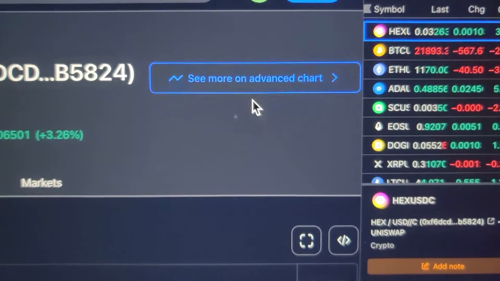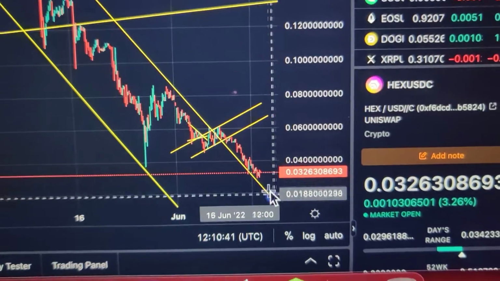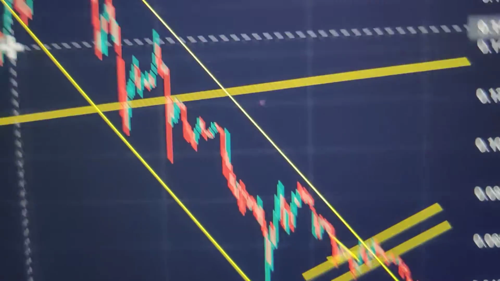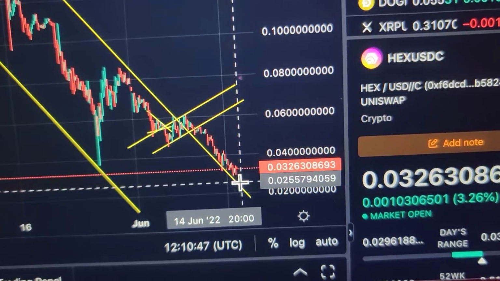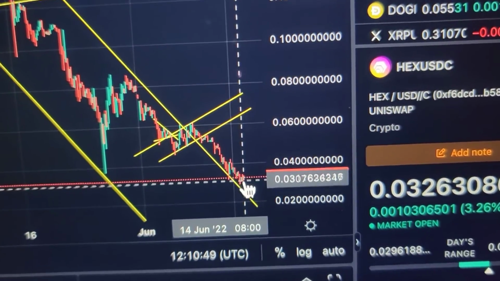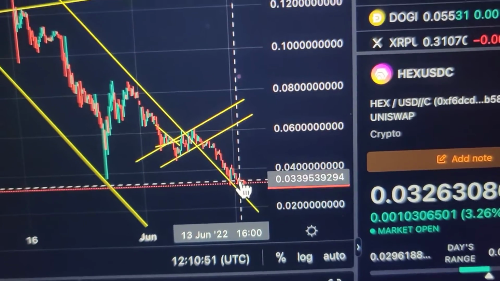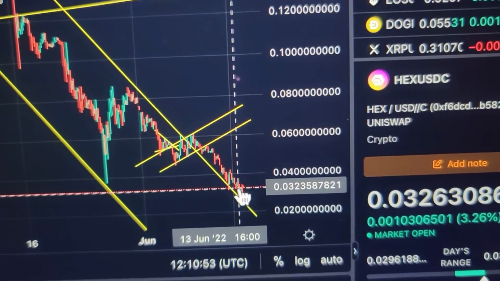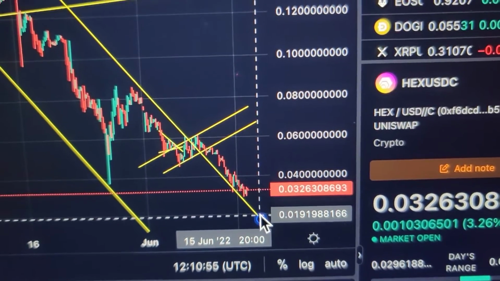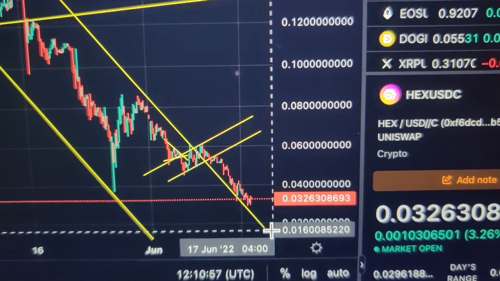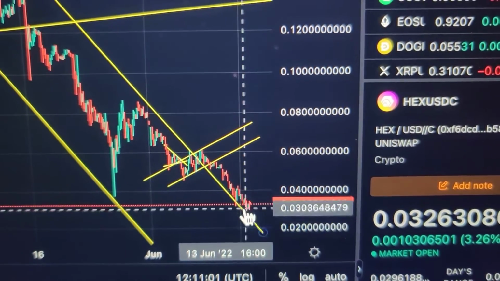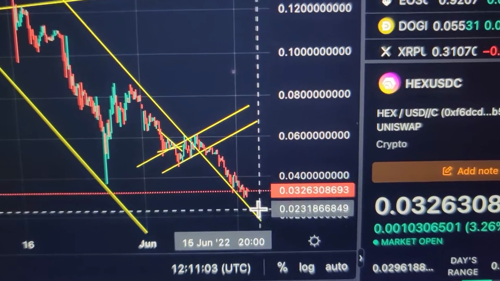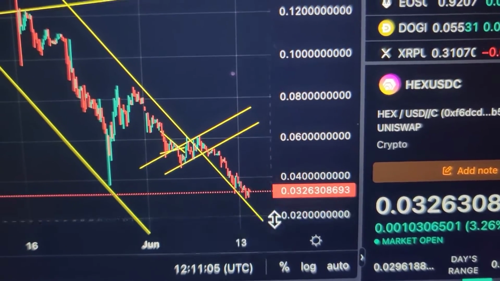So I'm hoping that this downtrend continues to go just a little further down. I'm between like 3.32 and 0.16. So I'm hoping that this is where my liquidity range is, and I'm hoping that's where the price goes.